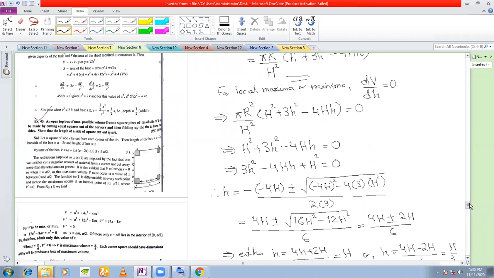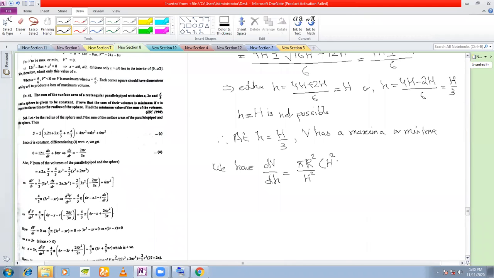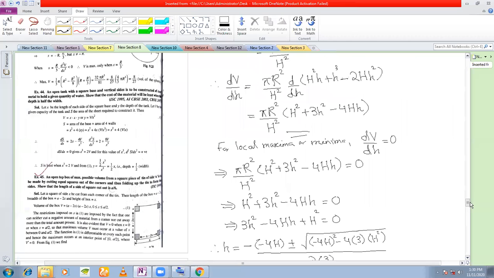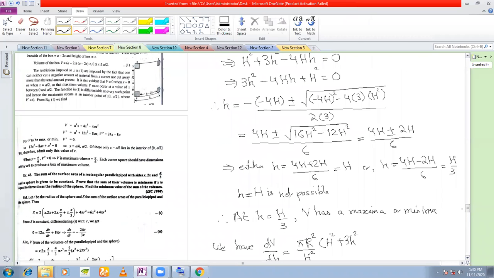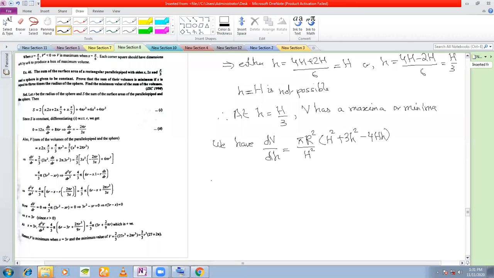In fact, let me write it: H square plus 3h square minus 4hH. Okay, this is what we have. Therefore, what is d2V/dh2?